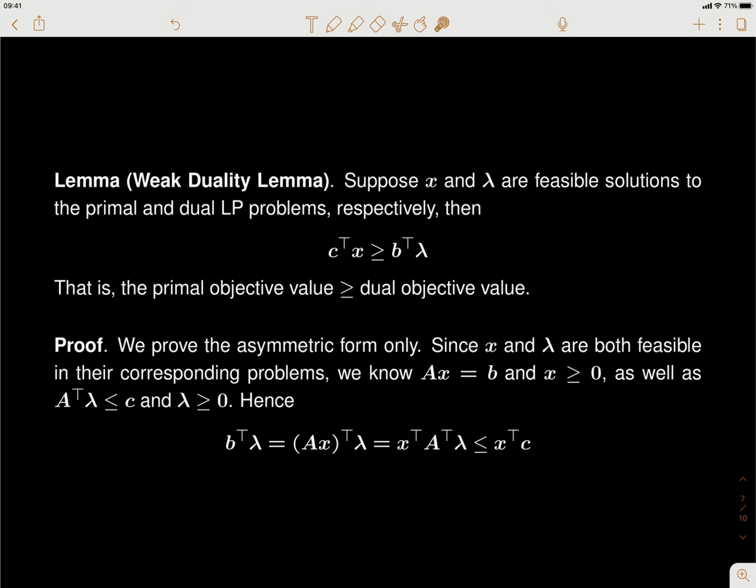The first result is called the duality lemma. It says that if x is a feasible solution for the primal problem, and lambda is a feasible solution for the dual problem, then c transpose x is always greater than or equal to b transpose lambda. So what do we mean by feasible solution?